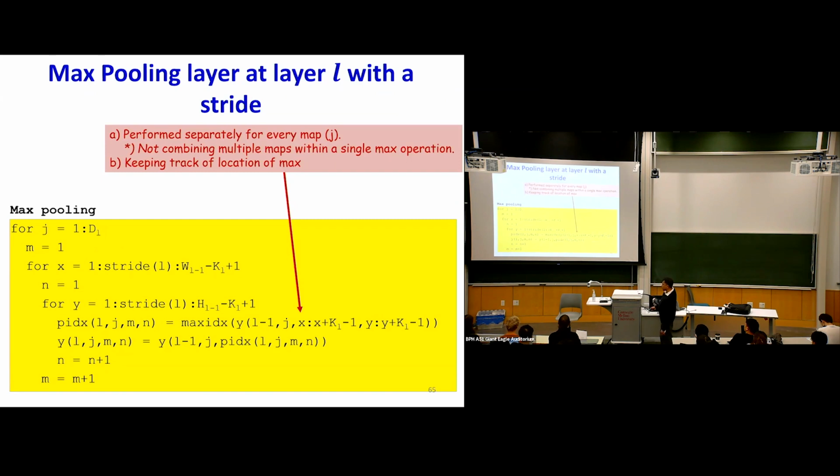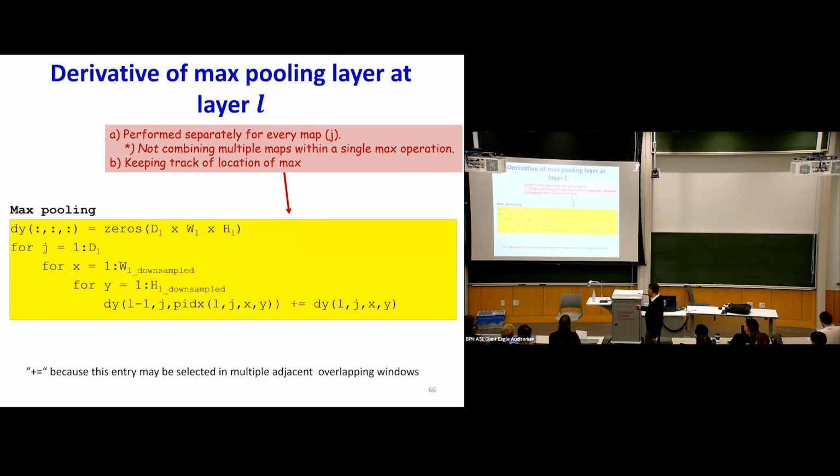Consider this: at each location I'm taking a step forward, and then I'm storing the index of the location where the max came from, and I read the value of the max from this location, right? So going backwards, I can just go backwards through my pooled output. At each position, I already know the index of the location of the max.